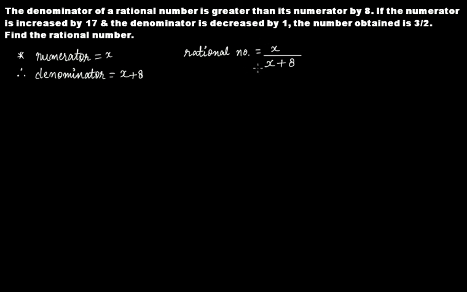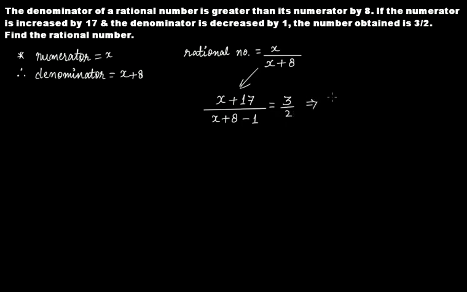It's saying that if some changes you make to this one, that is, you increase the numerator by 17 to make x plus 17, and you decrease the denominator x plus 8 by 1, the number we obtained is 3/2, right?